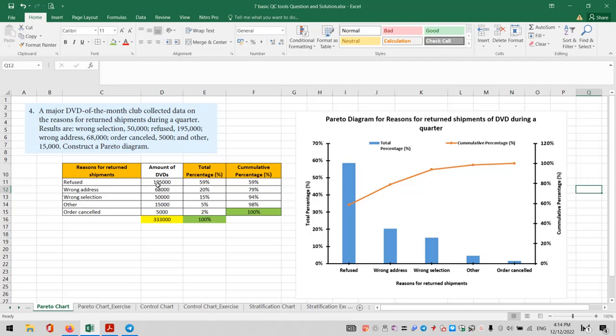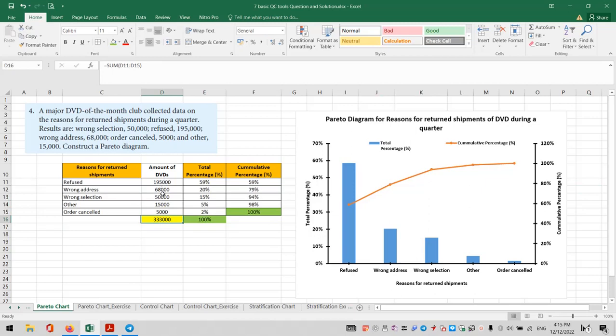Make sure you arrange from the highest value to the lowest value. The highest amount of DVDs is for the refuse shipment, followed by wrong address 68k, wrong selection 50k, other 15k, and finally order cancel 5k.